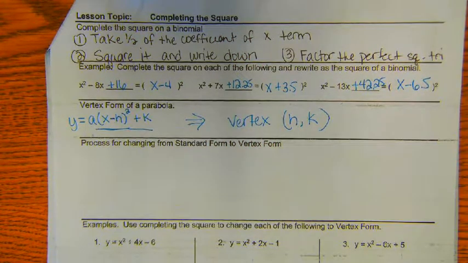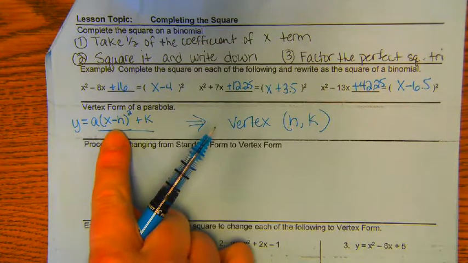Okay, so here's the deal. We're going to use completing the square to do it, but we don't want to change the parabola at all. We want to make it the same parabola. So what we kind of do is we scoot things around so that we can have this squared here. Okay?